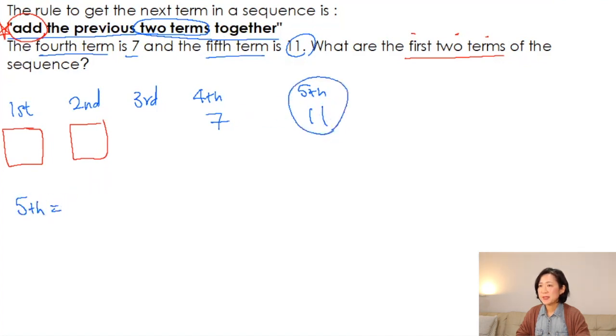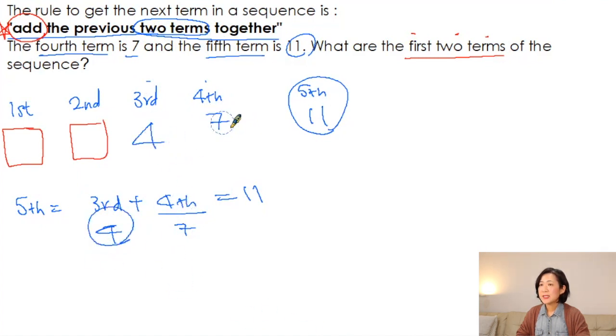To make the fifth term, we need the previous two terms, that is the third and fourth. Third number plus fourth number, that is 7, right? So unknown value plus 7 makes 11. So can you see the third number becomes 4, right?